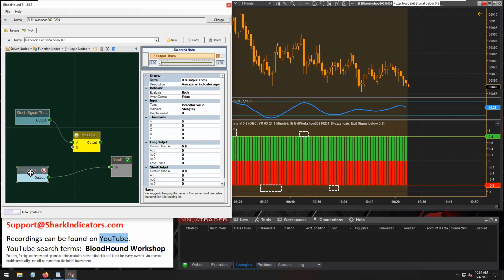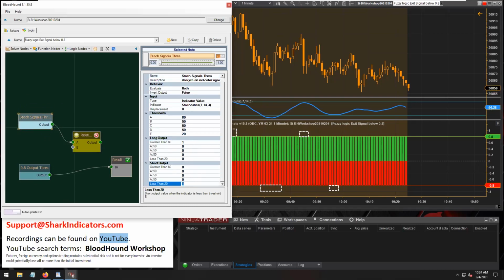So that's why I've set this solver to output a maximum value of 0.8. Normally you want your output to be 1, but for our little 0.8 solver, we left the value at that.